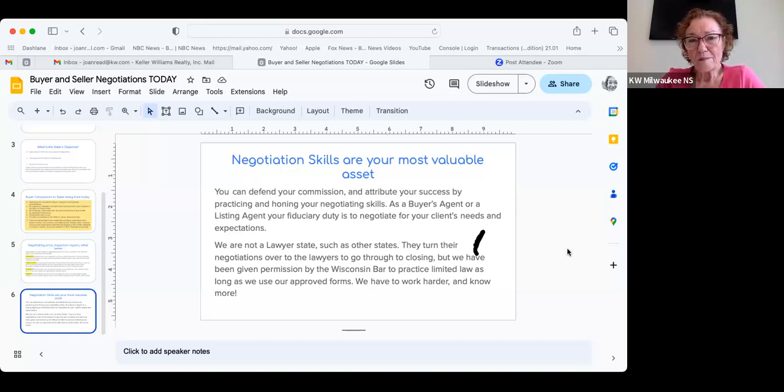I would always keep this in mind, because when the seller and the listing agent are considering multiple offers, even though the seller chooses which offer they want, the listing agent can also influence which agent they want to work with. And in that vein, as we all get to know each other, make sure your reputation is one where people say, oh, she's professional, or he's really smart, or I like working with him.